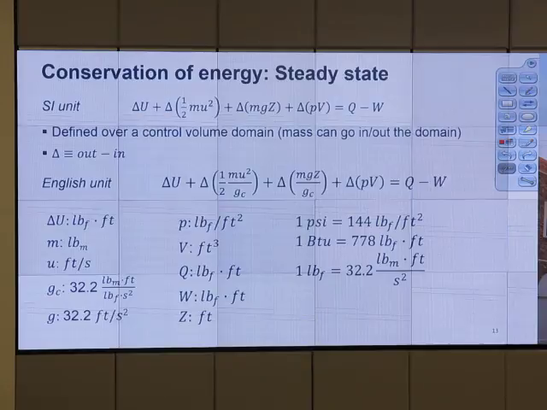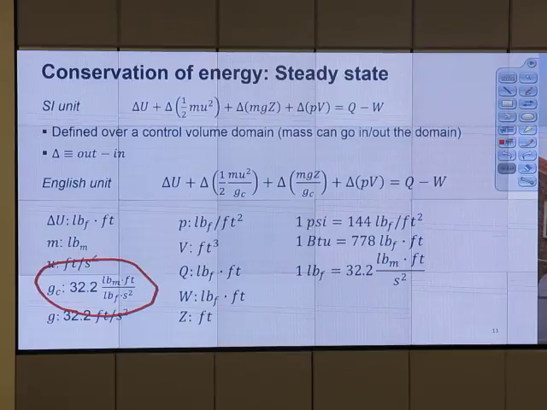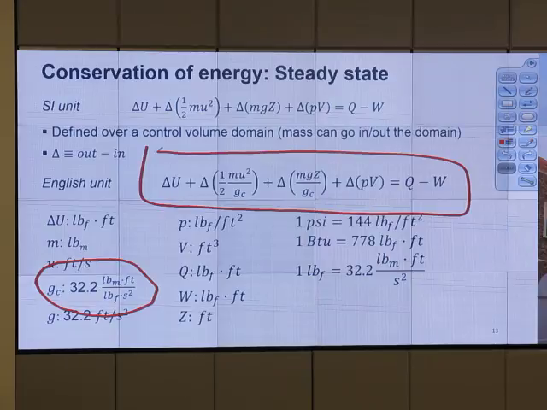Okay, Marcos. What is G sub C for? G sub C, 32.2. What is that for? That is the gravity built in field units, I guess. So if I write this equation in SI, do I have G sub C?